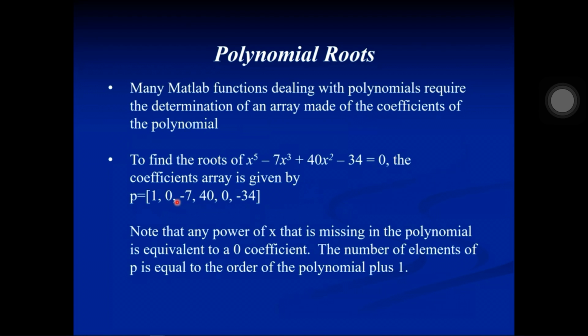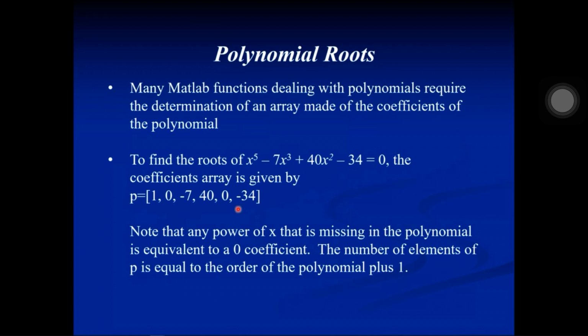Then x cubed is -7, x squared is +40, but there is no x. So I have to tell MATLAB that the coefficient of x is 0, and then the constant -34. So here I give all the coefficients, and because it's 6 coefficients, MATLAB knows it's a fifth degree polynomial.